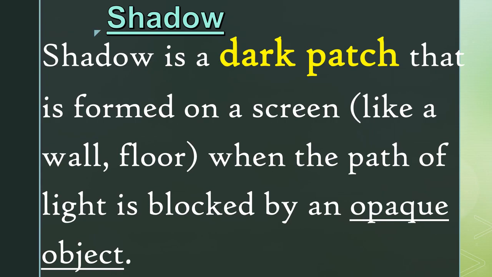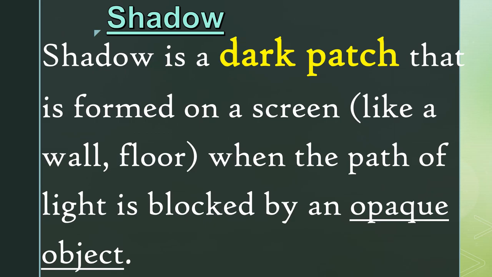Starting with what is shadow? Shadow is a dark patch that is formed on a screen when the path of light is blocked by an opaque object. Students, here screen can be a wall or a floor.